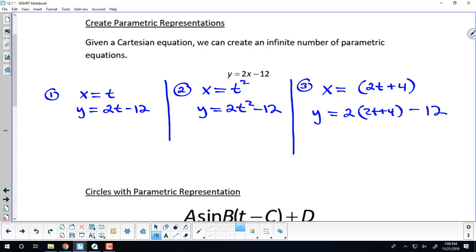Again, those are probably a lot more obvious, but they aren't unique. The initial point could change, the positive orientation might change, but the fact of the matter is that they're all drawing out the line y equals 2x minus 12.